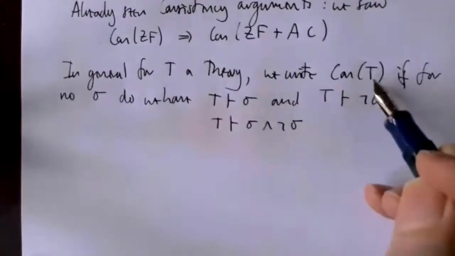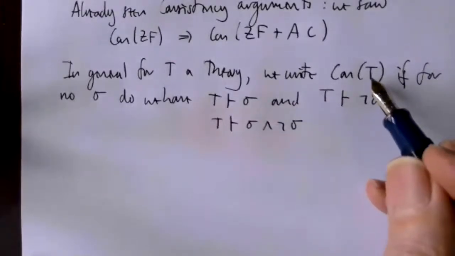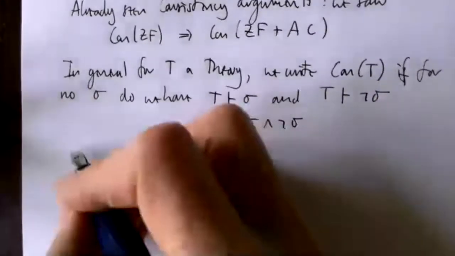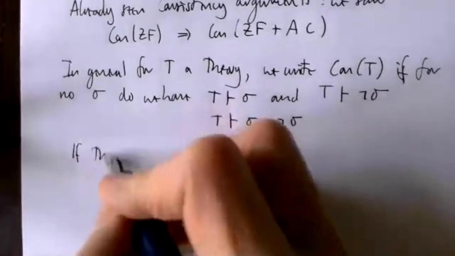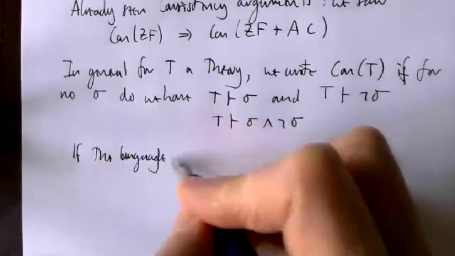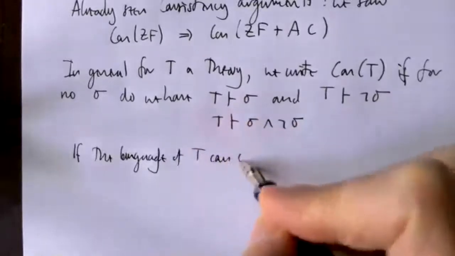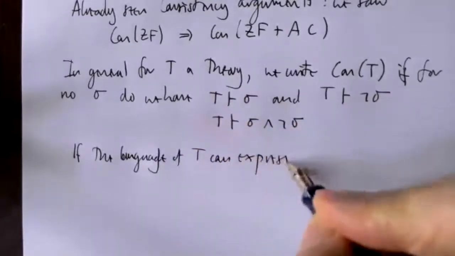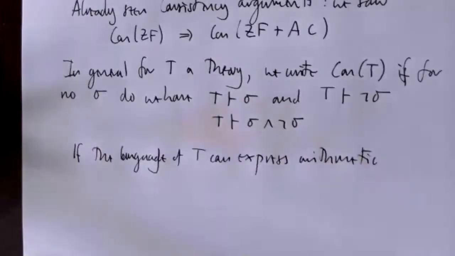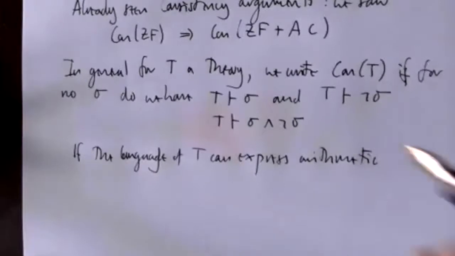If the language in which the theory is stated can express arithmetic, so if the language of T can express arithmetic, right? So maybe it's got symbols for 0 and plus and times and so on in it.